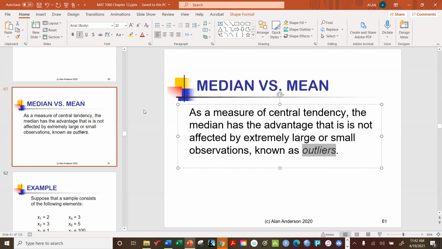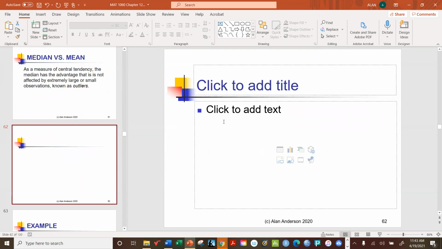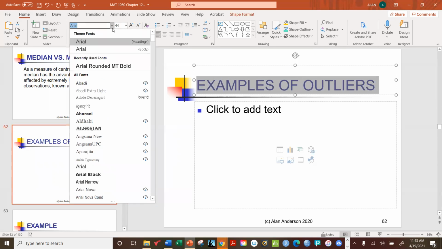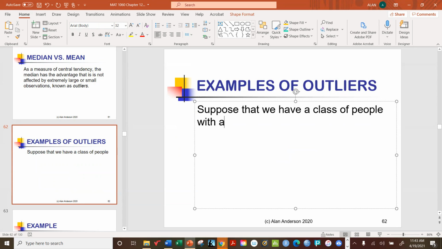Outliers. Okay, so let me show you a few quick examples of what an outlier is. Examples of outliers. All right, suppose that we had the following scenario. Suppose that we have a class of people with average heights and one basketball player.